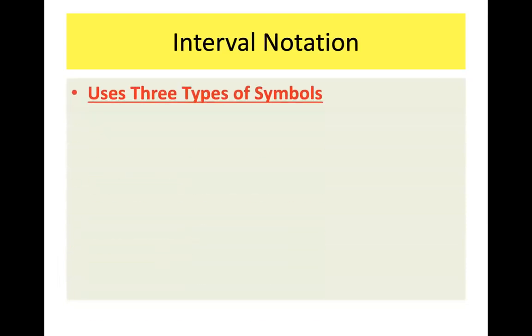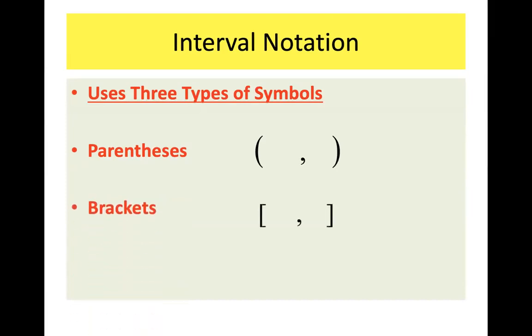So interval notation uses 3 types of symbols. The 3 types of symbols are parentheses. We're familiar with those. They look like that. Brackets. The brackets are the more squared-off parentheses, and they are a different type of parentheses. And lastly, the infinity symbol. So remember, the infinity is the symbol that expresses that numbers go on forever and never stop.